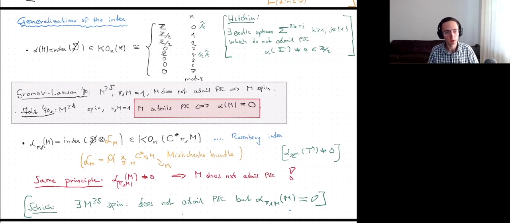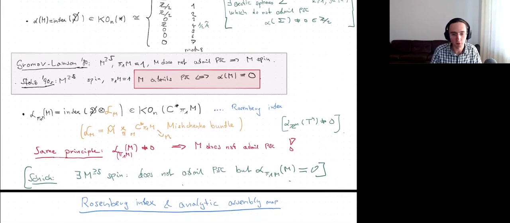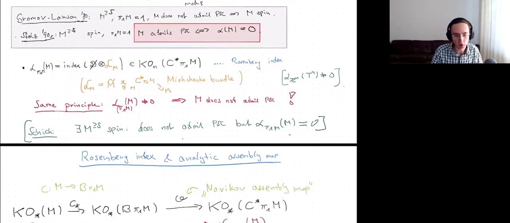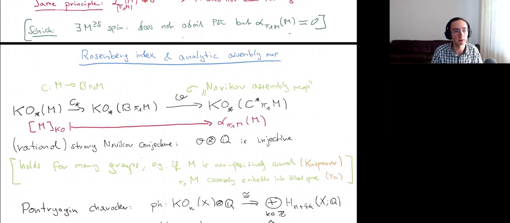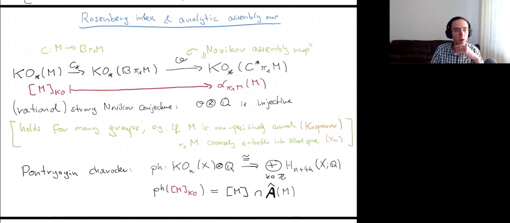And to explain this, I want to give a slightly different point of view as well. So there is a connection to the Novikov and Baum-Connes conjectures, which was first elucidated by Rosenberg. So if you have your manifold, then you have a classifying map into the classifying space of the fundamental group. And then you can map from the K-homology of your manifold into the K-homology of the classifying space.